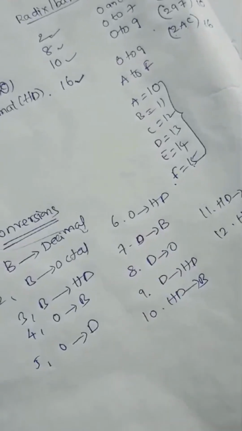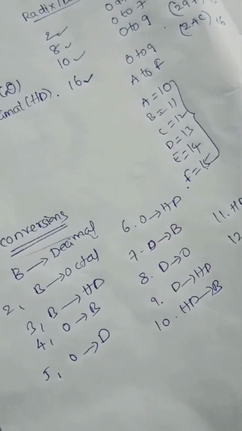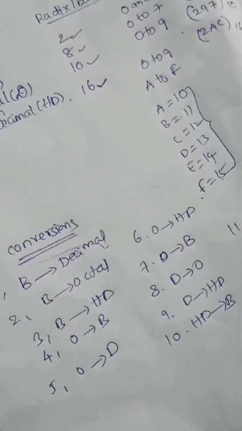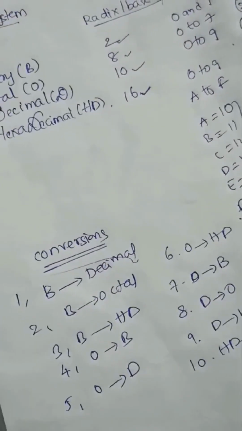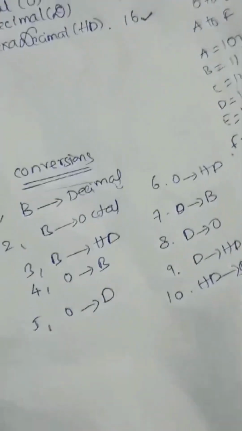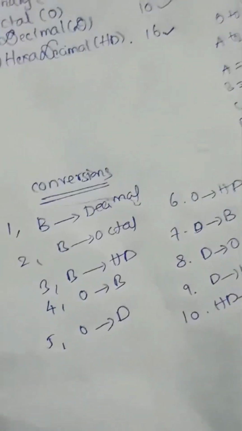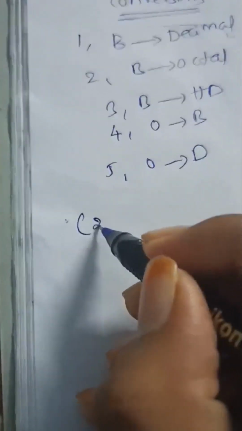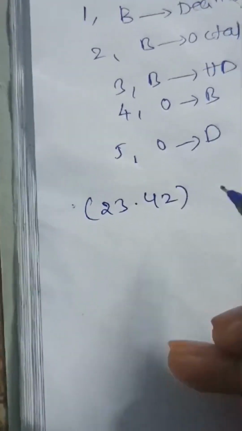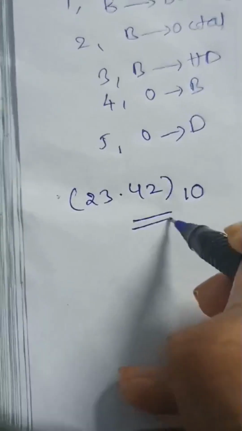Here in this video, let me discuss some of the conversions, that is binary to any conversions, decimal to any conversions. Let us consider an example, 23.42 to the base 10. This is a decimal conversion.